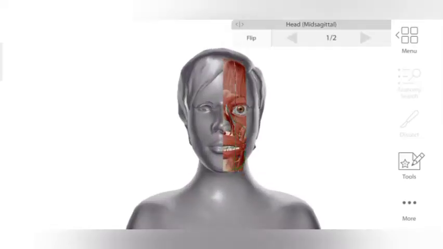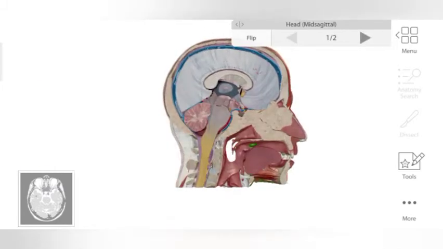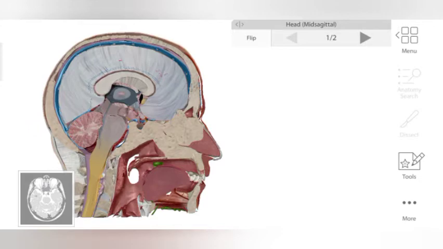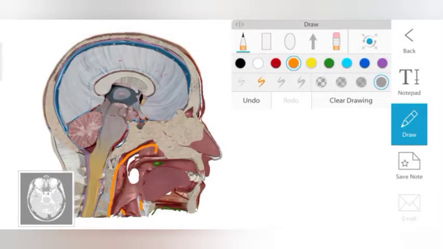What you are looking at here is a mid-sagittal section through the head and neck. So what is the pharynx? The pharynx is a fibromuscular tube which is funnel shaped and acts as a common pathway for both food and air. The highlighted orange portion that I am drawing here is the pharynx. We have the posterior boundary, anterior boundary, superior boundary and inferior boundary, as well as the lateral boundary.